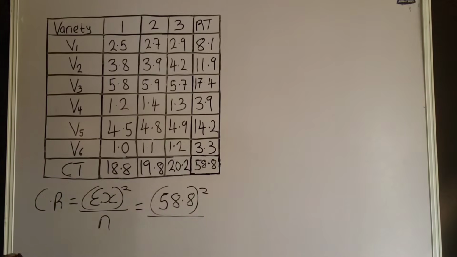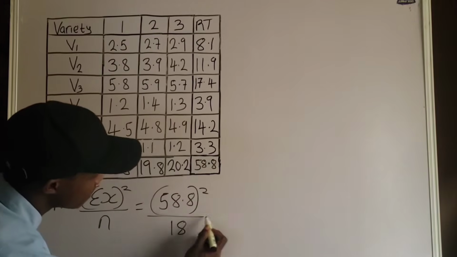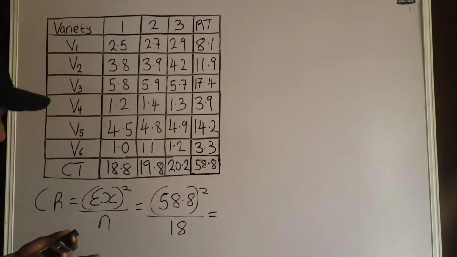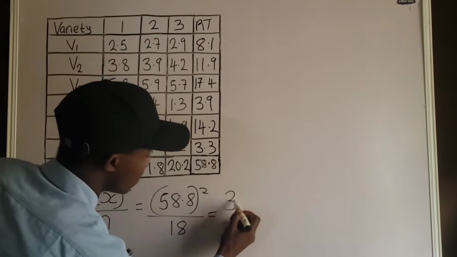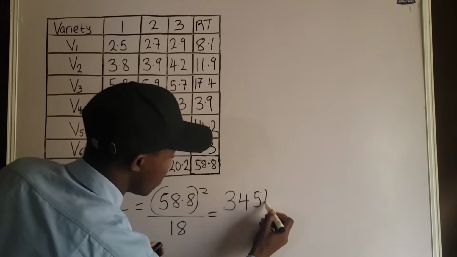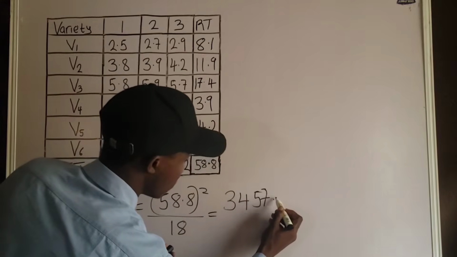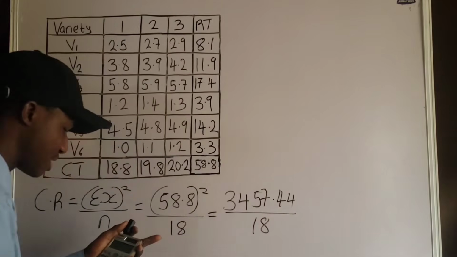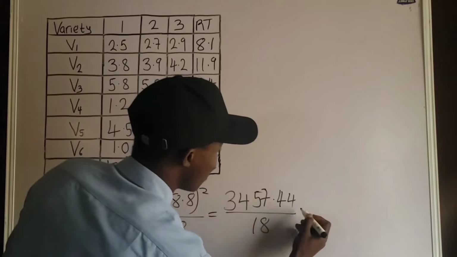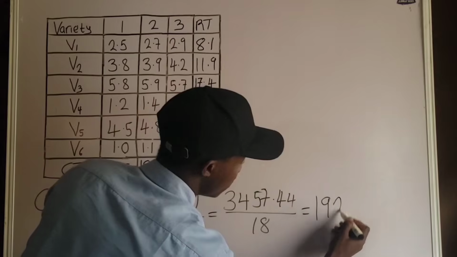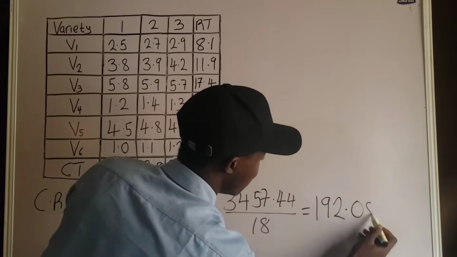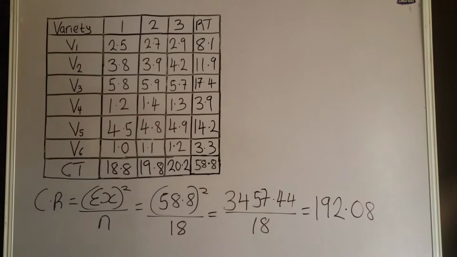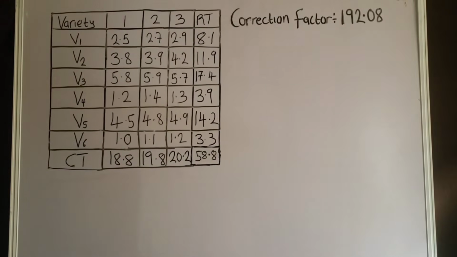The value of n is 18. So 58.8 squared is 3,457.44, all over 18. When I divide this, I got 192.08. So the value of our correction factor is 192.08.